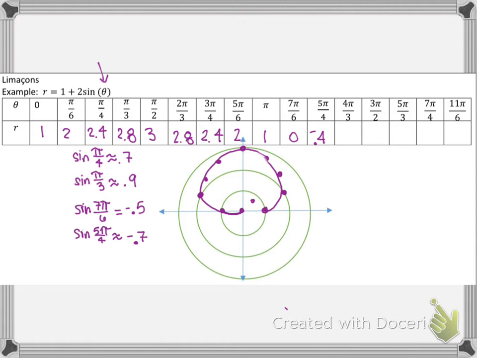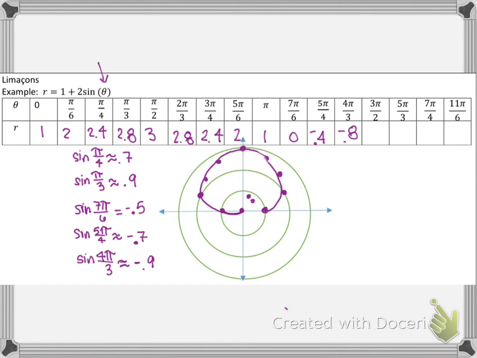4 pi over 3, sine of 4 pi over 3. Let's think about this. That's going to be negative root 3 over 2, so that's approximately negative 0.9. Double it is negative 1.8, plus 1 is negative 0.8. So going in the direction of 4 pi over 3, which is down here, a distance of negative 0.8 would put us down here, and then I'm going to reflect that, or kind of rotate it 180 degrees around the origin.